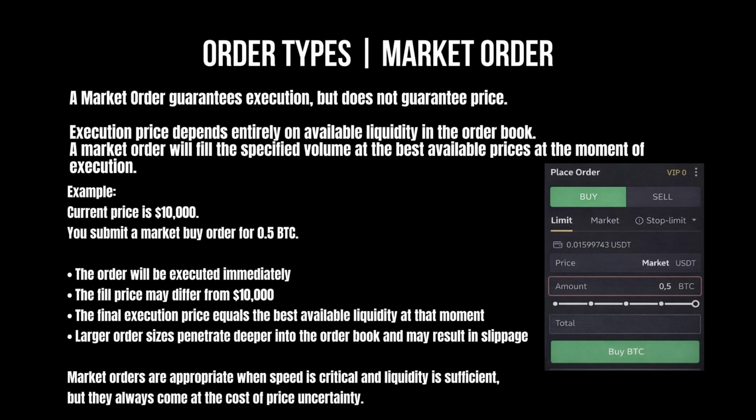For example, if the current price is $10,000 and you submit a market buy order, you only specify the trade size. With a market order, you cannot set the price. You simply enter the volume, such as 0.5 units, and confirm the order. The exchange will execute the trade at the best available prices in the order book. This means the trade will always be executed, but the exact price cannot be controlled.